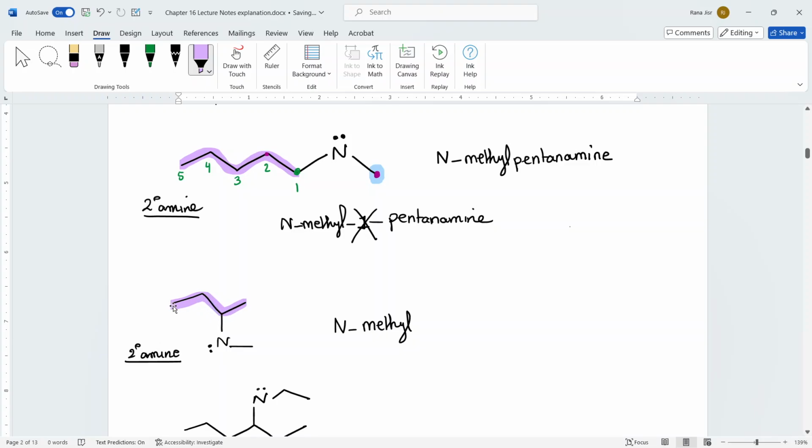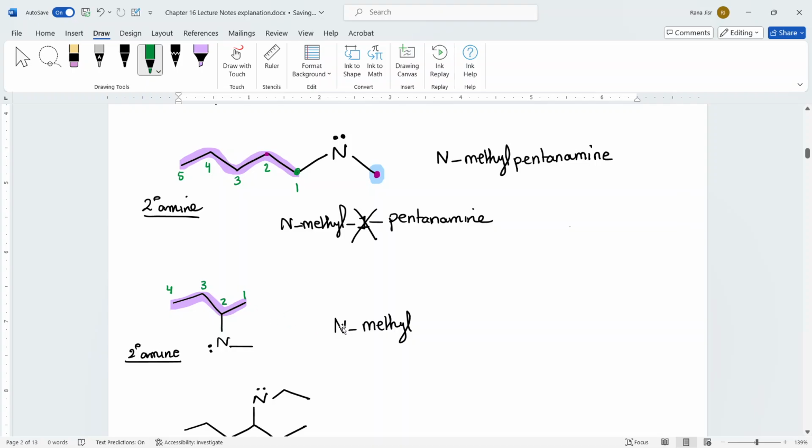So you have to choose the longest carbon chain and then give the nitrogen on that chain the lowest number possible. This means I would start numbering from this side, so now the nitrogen is on the second carbon. The N-methyl always is going to be the start of the name, so I cannot start with any number.